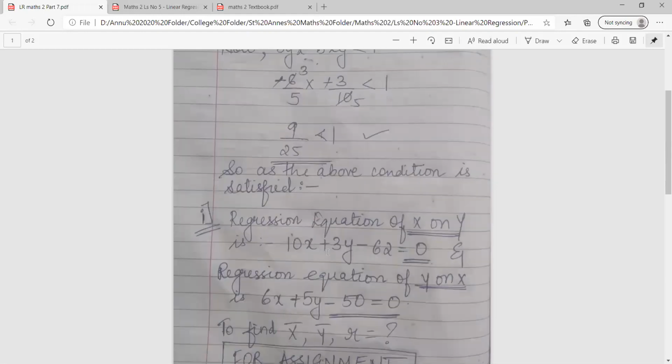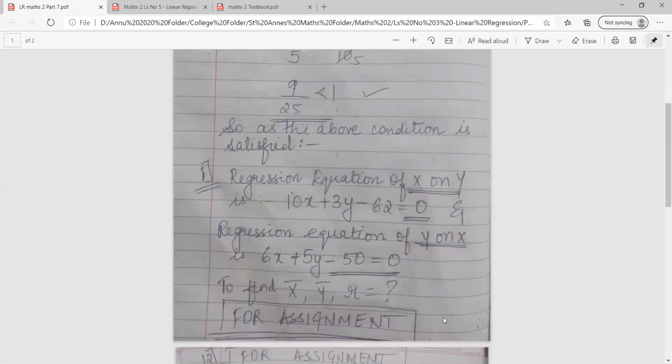That is 10x plus 3y minus 62 is equal to 0 becomes the regression equation of x on y. And 6x plus 5y minus 50 is equal to 0 becomes the regression equation of y on x.